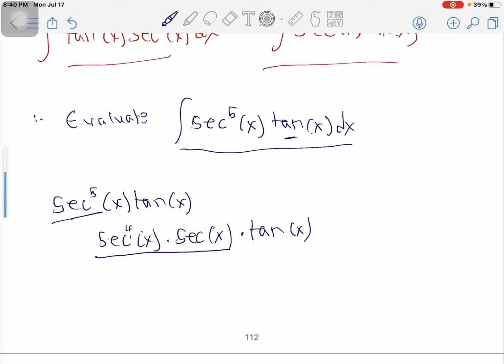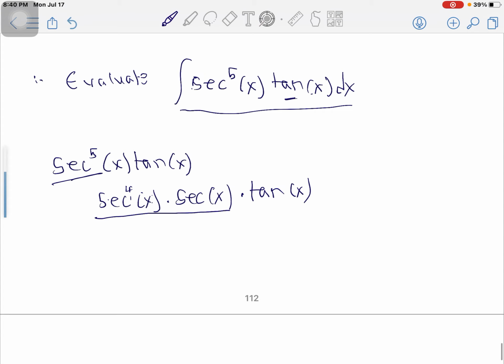As I told you earlier on, if you manipulate the one with the odd power, we take u to be the other one that we didn't manipulate. But in this case, it's the other way around. That's the integral of the product of sec x and tan x, and we will come to that. So now, when you do it like this, you can say let u be equal to sec x.